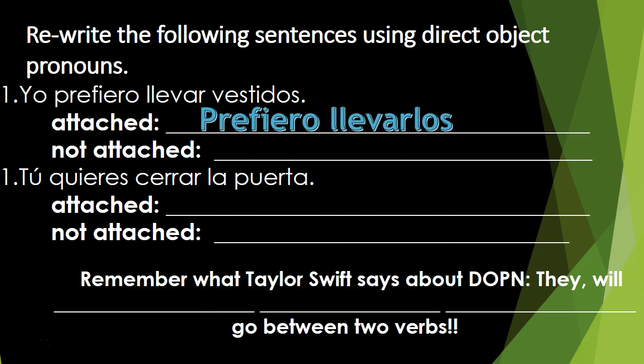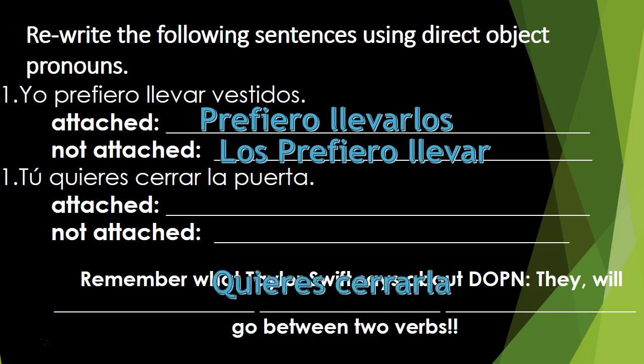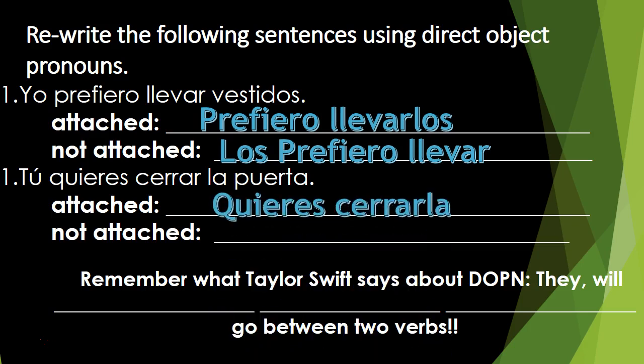So we end up with "prefiero llevarlos," notice it's attached to the end, and "los prefiero llevar" for number one. For our second, number two, we've got "tú quieres cerrar la puerta." If we were to rewrite that with the DOPN attached, it's going to be "quieres cerrarla." And if we were to write it not attached, that's going to be "la quieres cerrar."